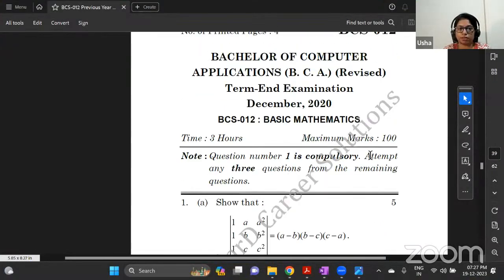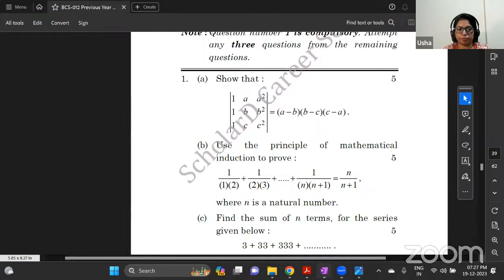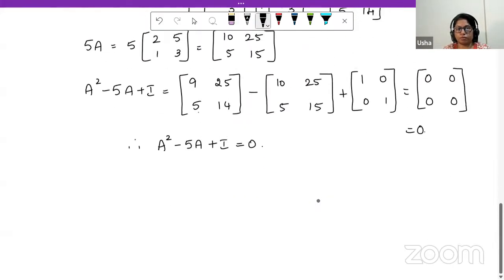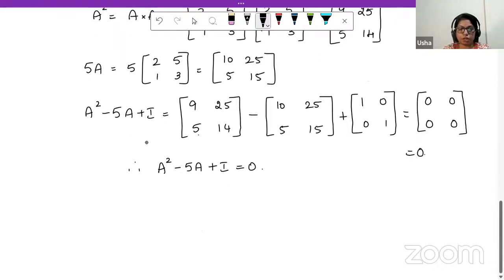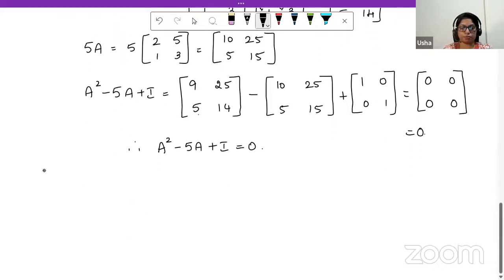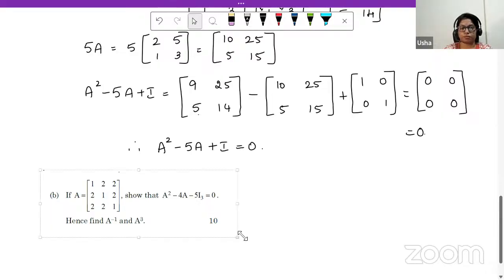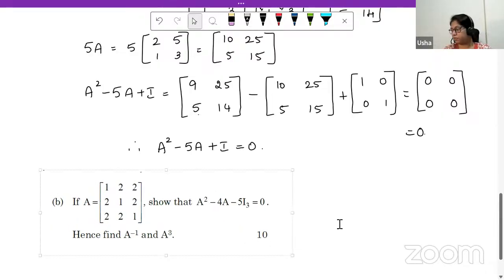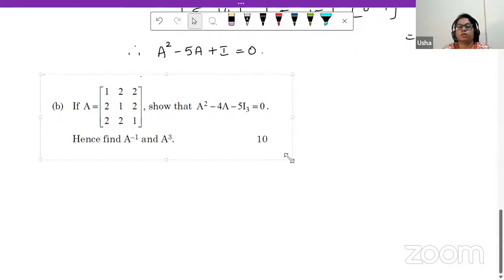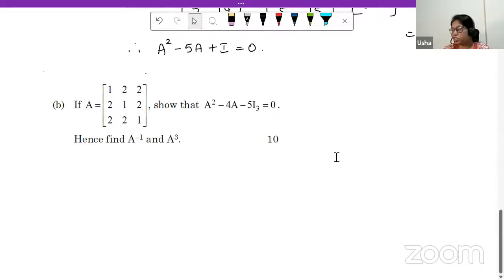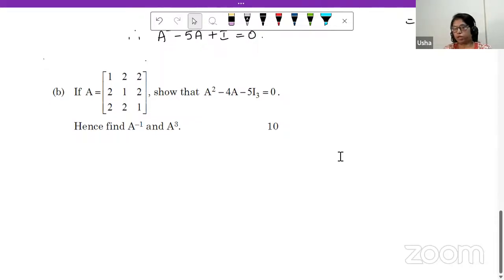This is asked in the year December 2020. Have you finished noting this answer? Shall I proceed to the next one? Your active response in the chat is very much required for me to understand whether you have understood the solutions or not.